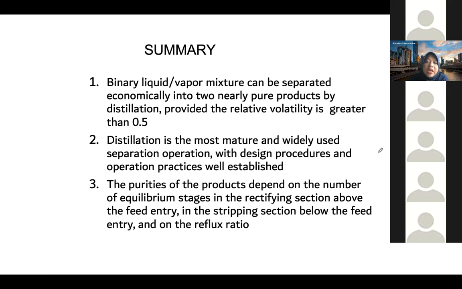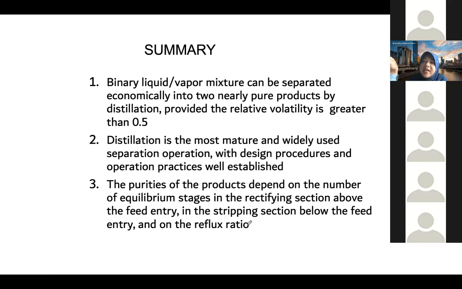So this is going to be the challenge for us if we want to have a pure product from raw materials for the separation. It really depends on the number of equilibrium stages in the rectifying section above the feed entry, and also in the stripping section below the feed entry, and also the reflux ratio. We can also play around with the reflux ratio if we have similar stages. If we have a high reflux ratio, we can have a better composition, but maybe much less product.